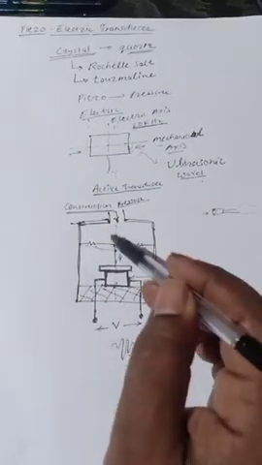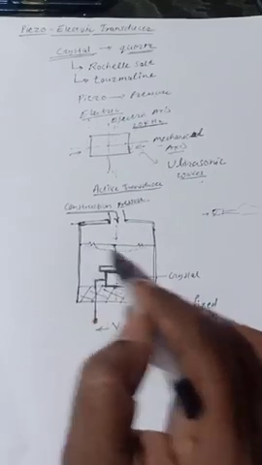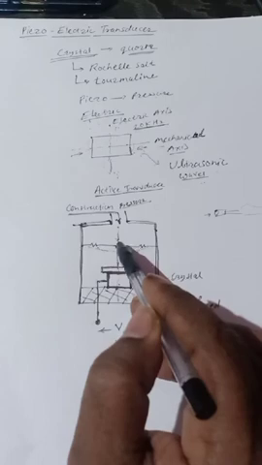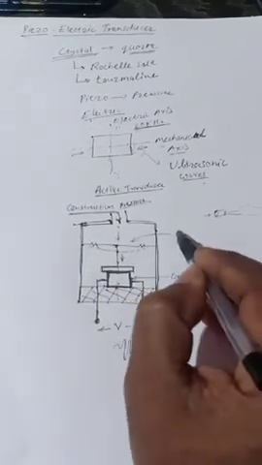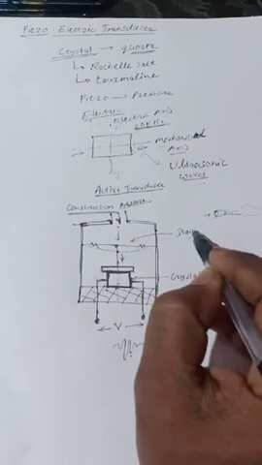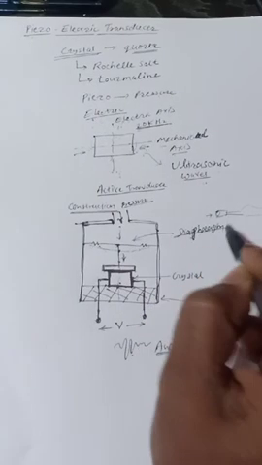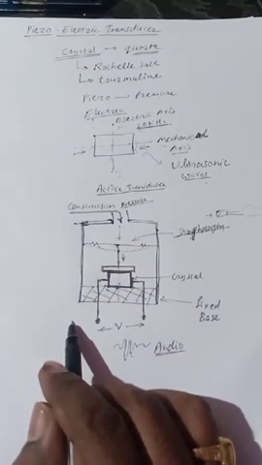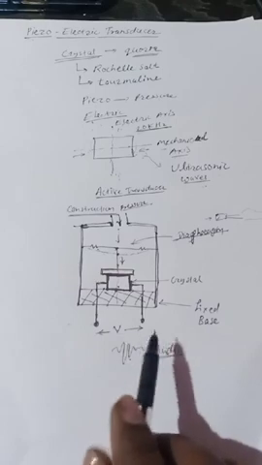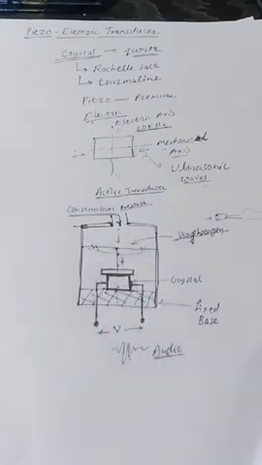Okay, if you press it, then it bends down, and if you release the pressure, then it helps to bring the diaphragm back to the original position. So this is a diaphragm, and it brings back to its original position.